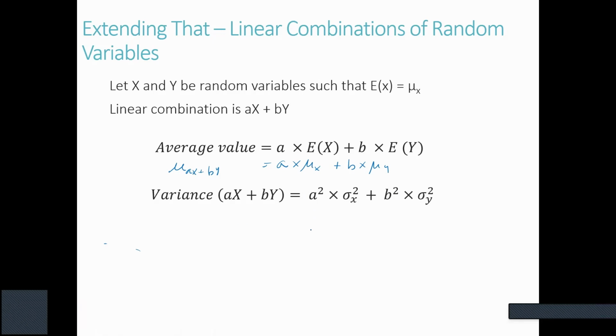And once we had the variance of ax plus by, the standard deviation of ax plus by is the square root of the variance of ax plus by. Okay, so this is really just some algebra, and it's just keeping track of what the a's and the b's and the mu's and the sigmas are.